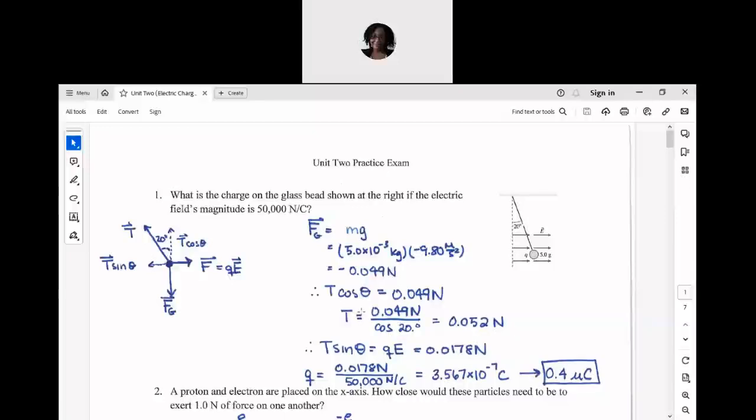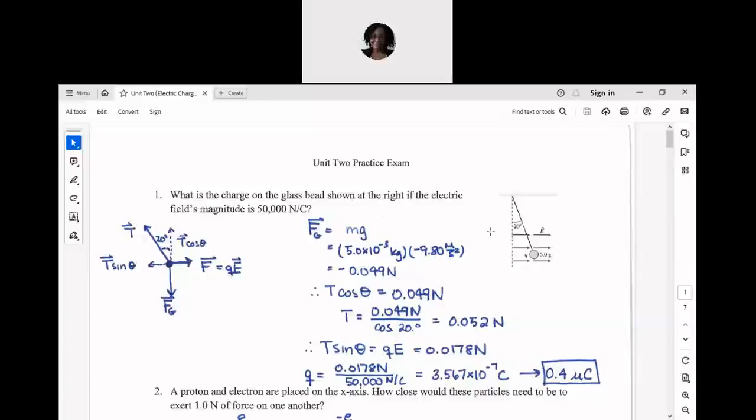And now that I know the tension, I can use the angle that was given to figure out what T sine theta is. And when you do that, you get 0.0178 newtons. And finally, the charge on the bead, that is going to have to be equal to the ratio of T sine theta and the electric field strength, 50,000 newtons per coulomb.